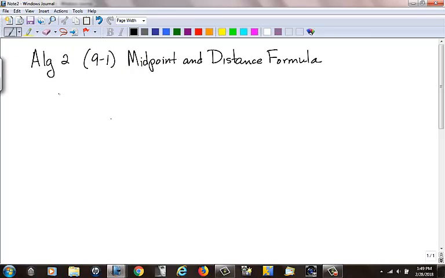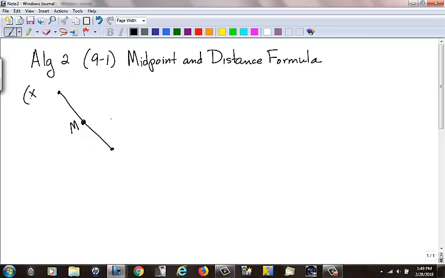Midpoint formula. If they give you two ordered pairs and say find the midpoint, they can give you two ordered pairs and say, hey, find the midpoint in between them, okay? Or they can give you one endpoint, one midpoint, and say find the other endpoint.